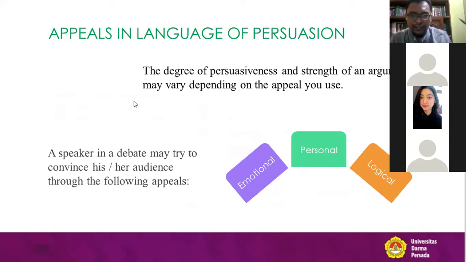So this is what I mean by emotional appeal. All the cigarette advertisements, basically, they are just using this kind of attraction. They persuade our emotions. It's nothing to do with logic. Do you understand, class?